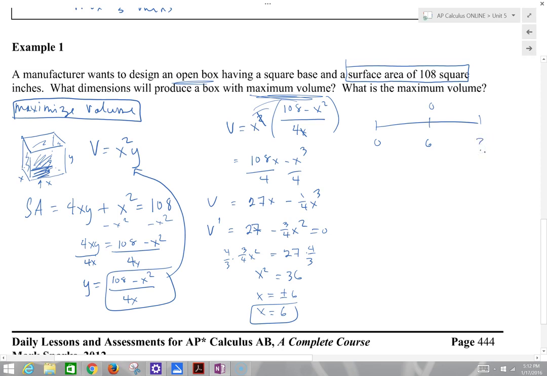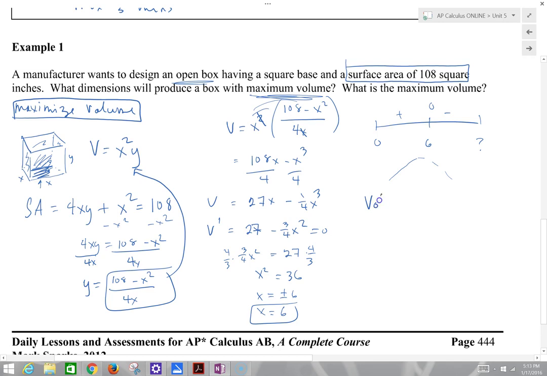Alright, so if we plug into our original function at 0, we get 0. If we plug in something in between, we get positive. Something bigger than 6, we're going to get something negative, which means this has to be a maximum because the slope goes up, flattens out, and the slope goes down.